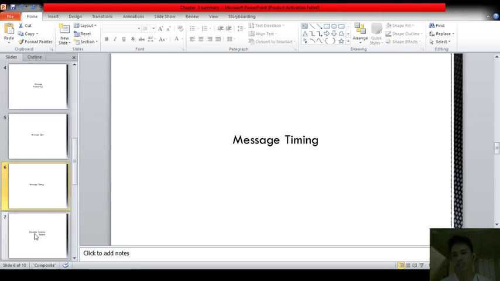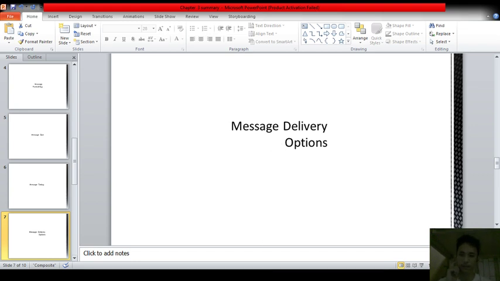So next is the message delivery option. In message delivery options, there are three options: unicast, multicast, and broadcast. First, the unicast.